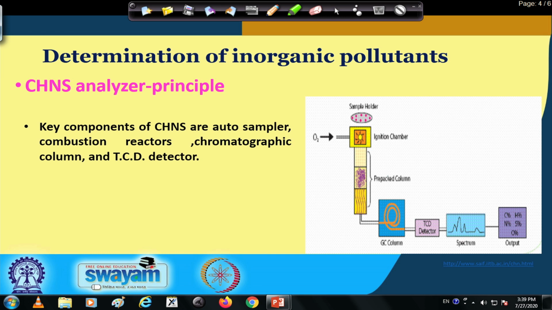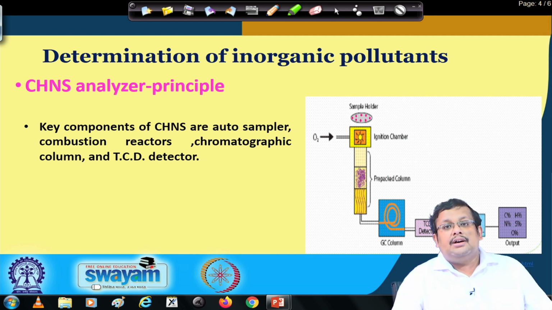We started with the ion specific electrode for determination of inorganic nitrogen, and then we talked about the continuous flow analyzer, and also the discrete analyzer for measurement of inorganic nitrogen. Then for measurement of total nitrogen we talked about the Kjeldahl method, which is known for wet digestion, and also for dry combustion we have the Dumas method, which is performed with this CHNS analyzer instrument.